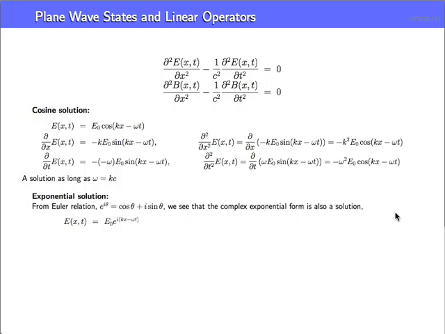You can use a complex exponential like this, but at the end of the day, when you want to find the functional form, you take the real part of it. That's done by taking the function added to its complex conjugate, where the complex conjugate just takes i to minus i, and dividing by 2. That gives you the real part of that function, and that is your actual answer.